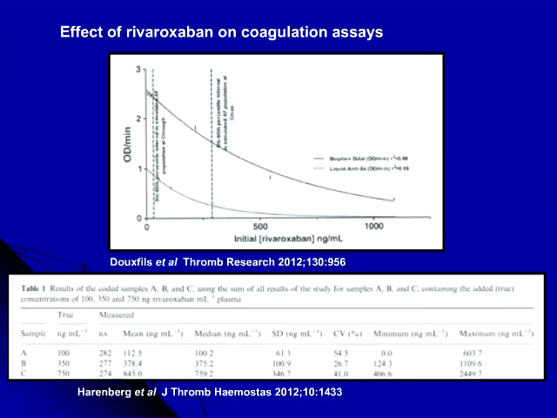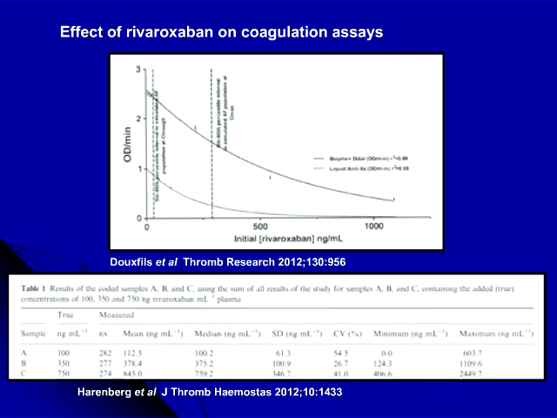The same is true of the quantitative tests, and caution is required here. So this just shows the response of two anti-10A assays measuring rivaroxaban levels. And this was an interesting exercise undertaken by Job Harenberg and colleagues on behalf of the SSC, and they distributed 3 samples of known rivaroxaban concentrations. And whilst the average results are very close to the actual results, you can see that there was tremendous variation.